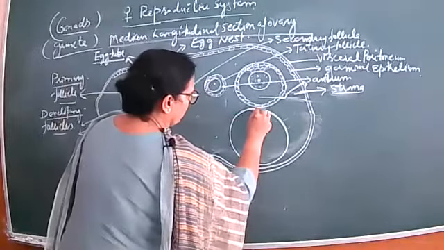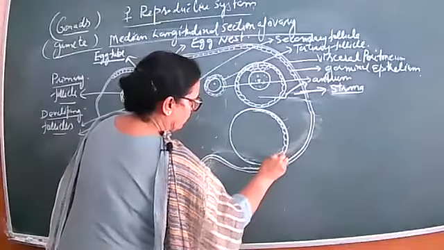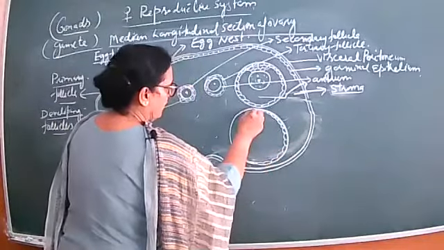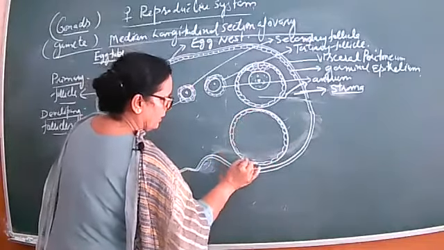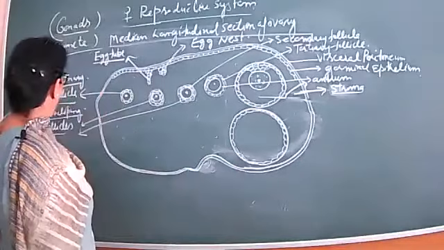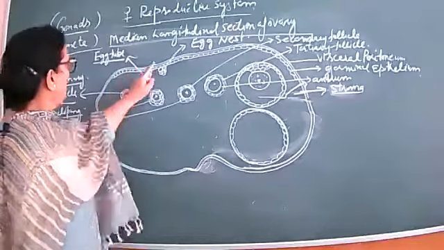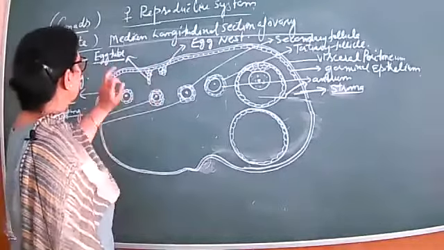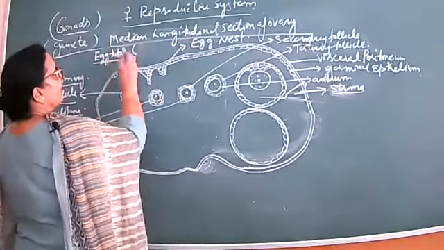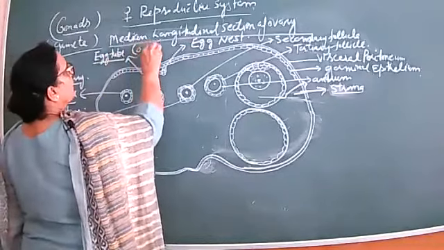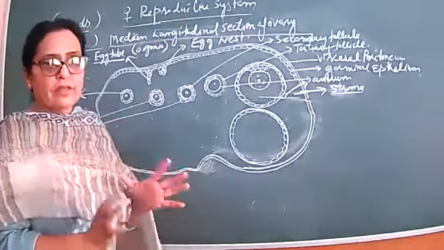This is the developed mature Graafian follicle. Here in the primary follicle, this is the primary oocyte. What were these? These were the oogonia, egg tube, sorry, that is formed of oogonia. Oogonia is the plural, a number of cells, right?